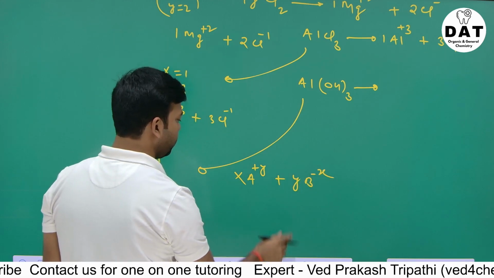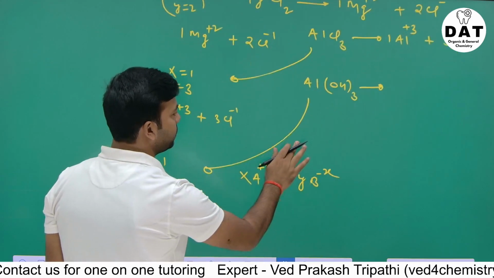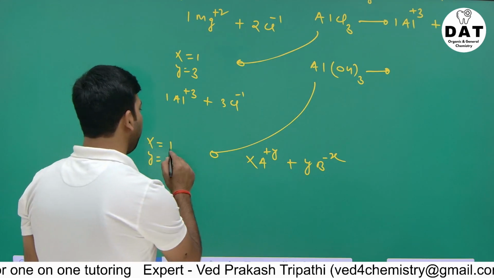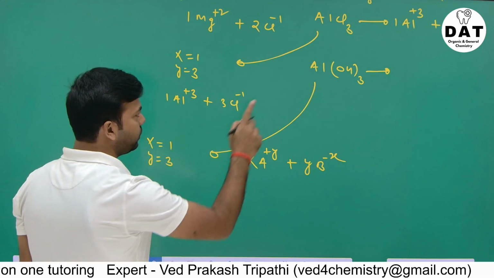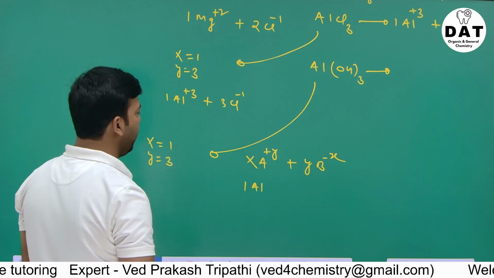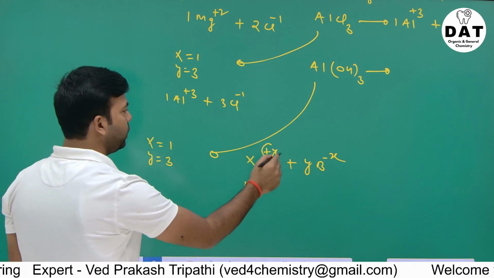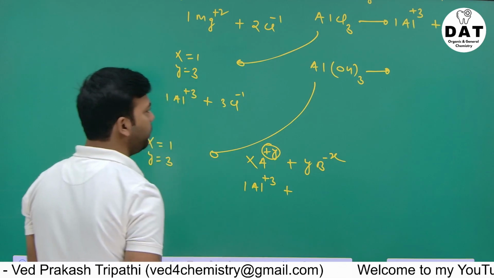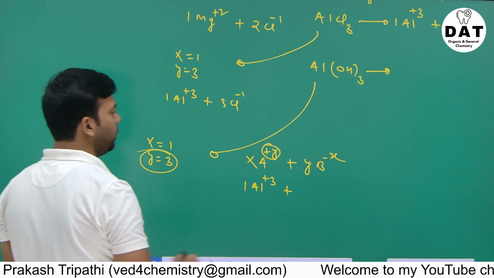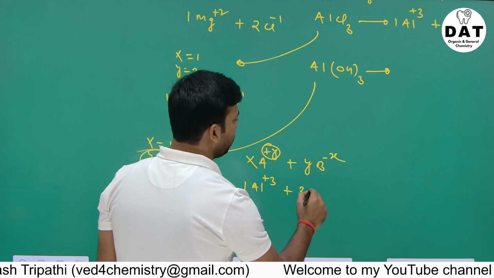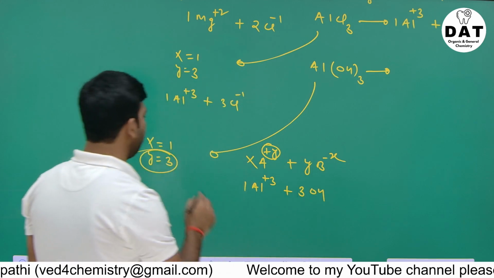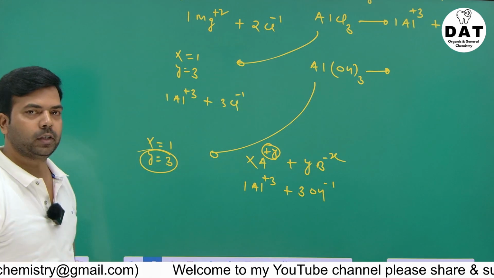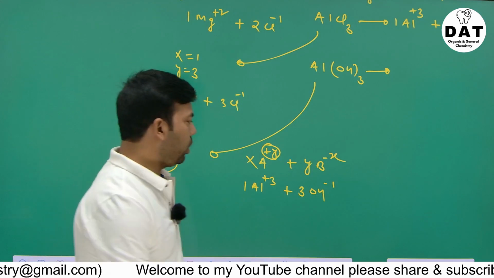Let me check. Yes, clear? So now we are going to keep this in the formula. So x value here 1. A is my aluminium and power is what? Plus y, which is 3+, and yB^(-x). y is what? 3. B is what? OH. And what is my x value? 1, so minus 1. Clear? I hope it makes sense, the dissociation one. Now move to the next.